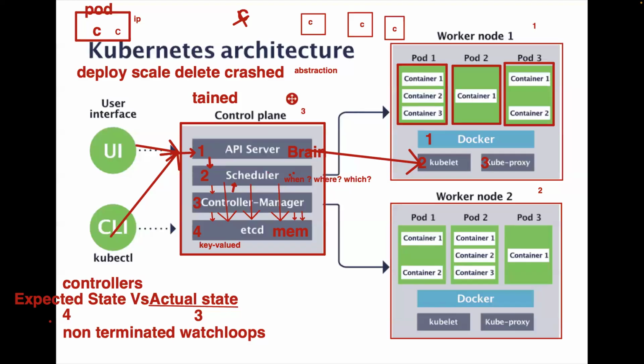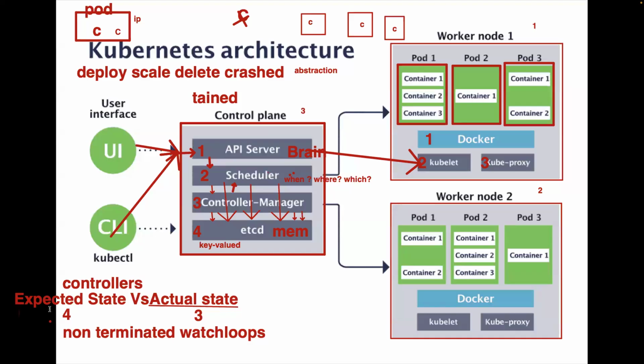In the controller manager, expected state and actual state: currently we require 5 pods, and currently only 3 pods are available, and the remaining 2 pods are waiting. Where will these 2 pods be waiting?